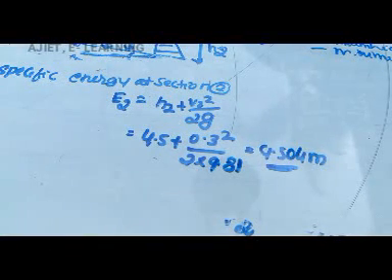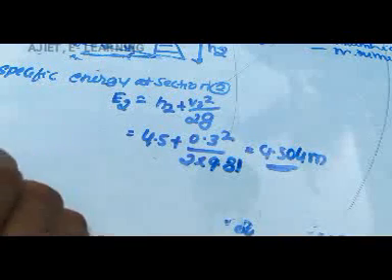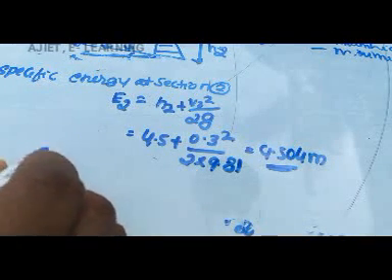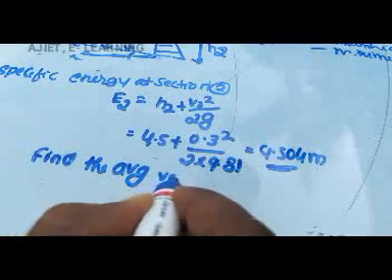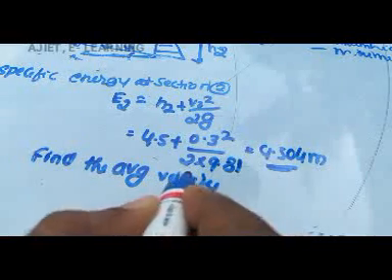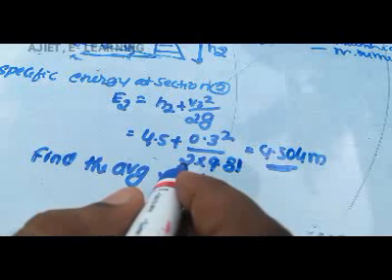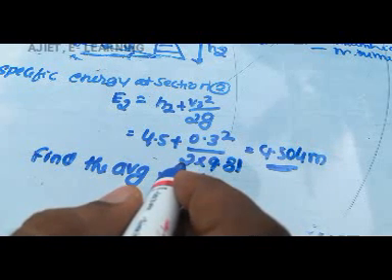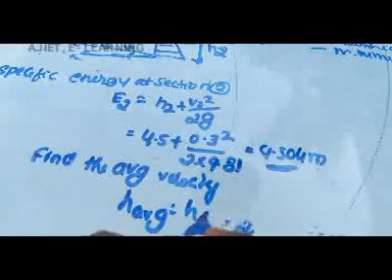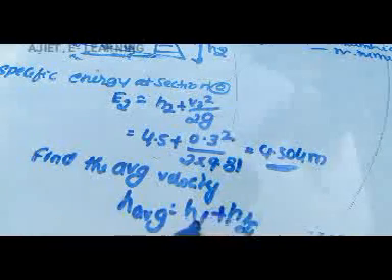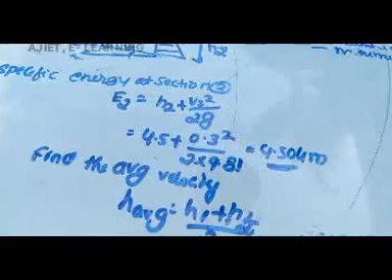Next, find the average velocity and average depth. How can we find them? H average is equal to H1 plus H2 divided by 2.